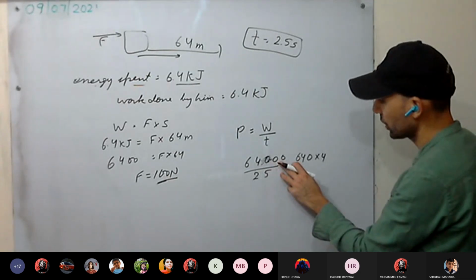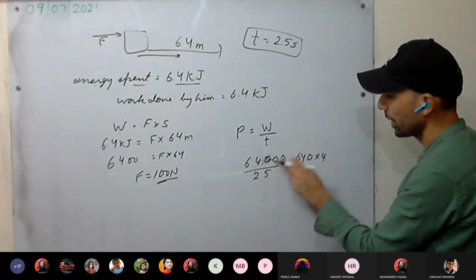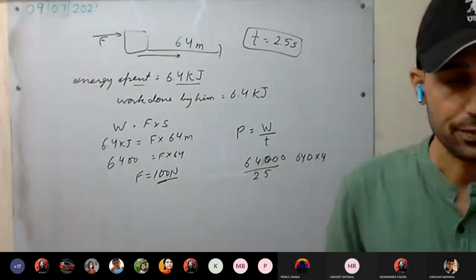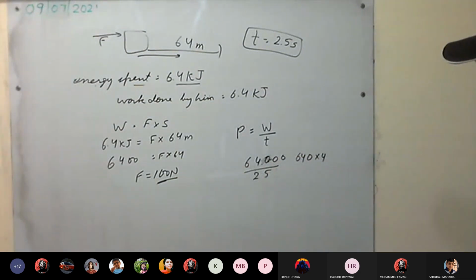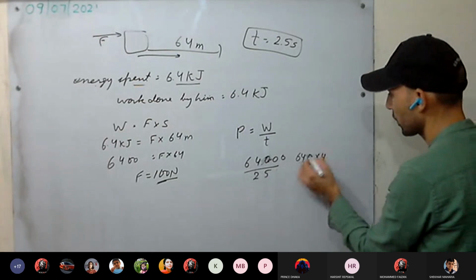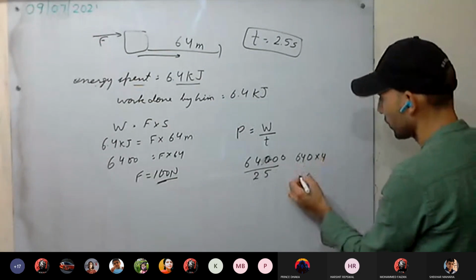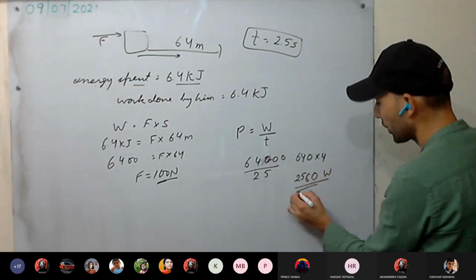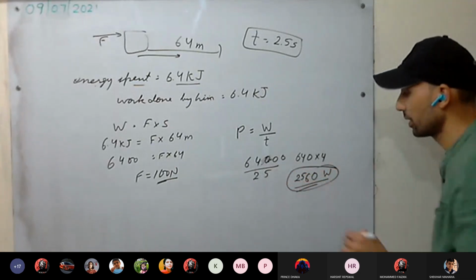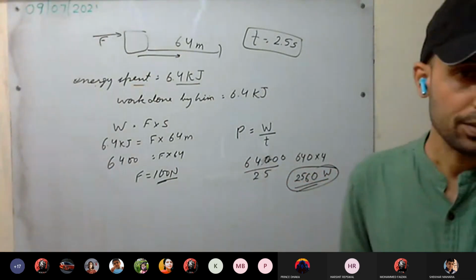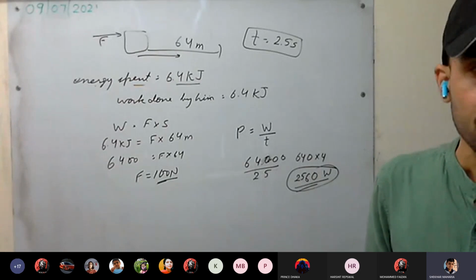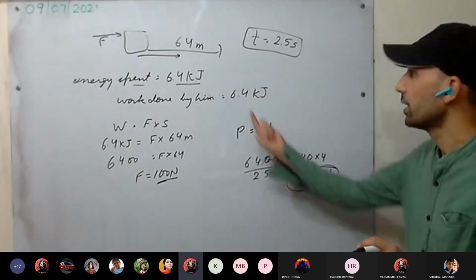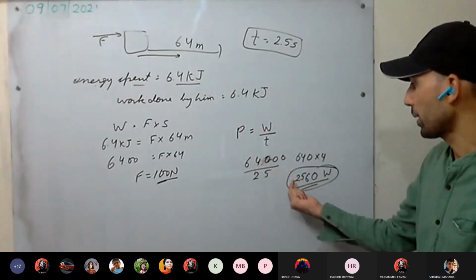Multiply with 100, these two zeros will go. 64 into 4 is 256, so 2560 watt. Are you getting this answer? 2560 watts. So this is the power spent by the man.